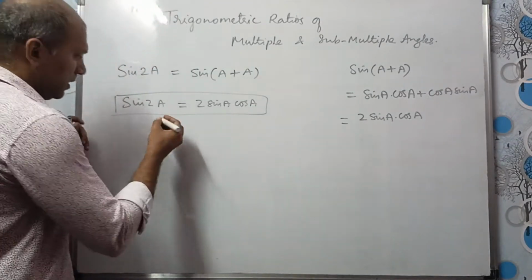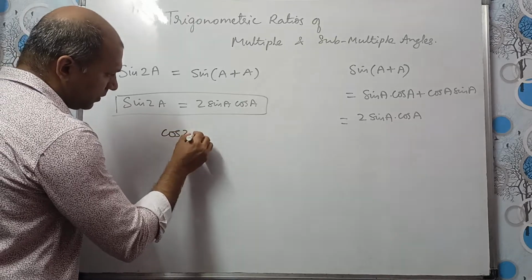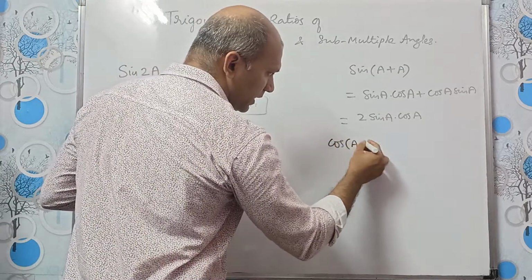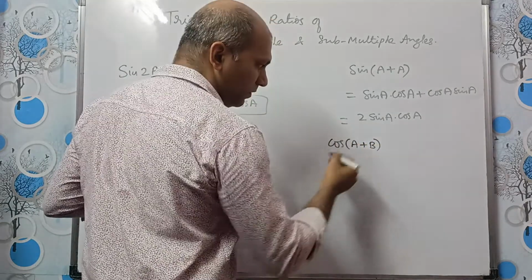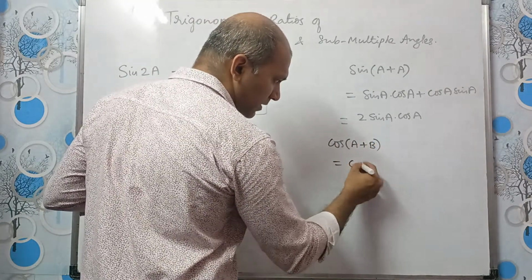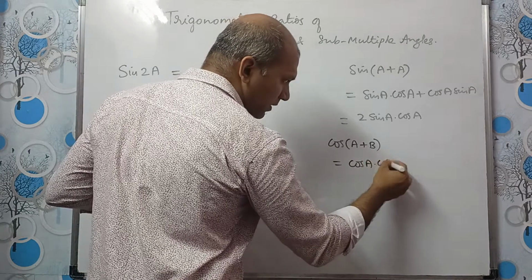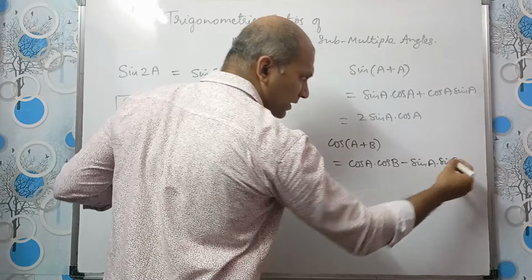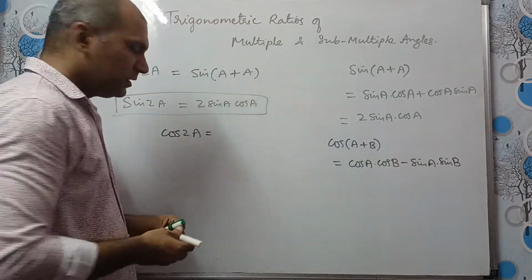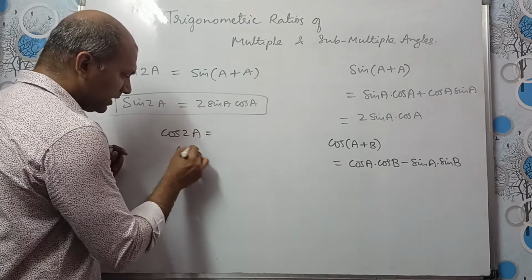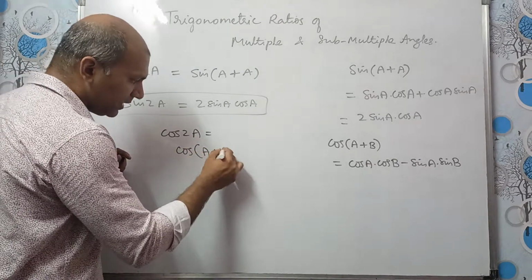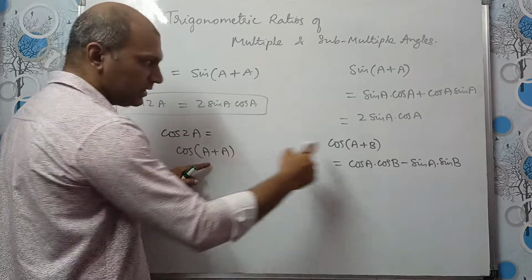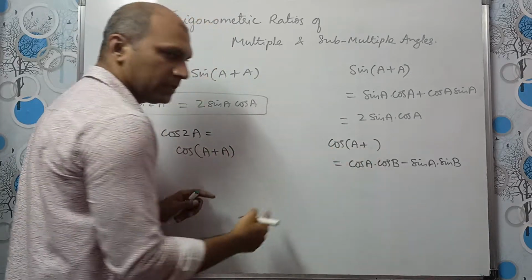Okay. And now let us find cos 2A. See, cos A plus B. We know cos A plus B is cos A cos B minus sin A sin B, right? So cos 2A, we can write it as cos of A plus A. That means it is like cos A plus B, only thing is, in place of B we have A again, right?